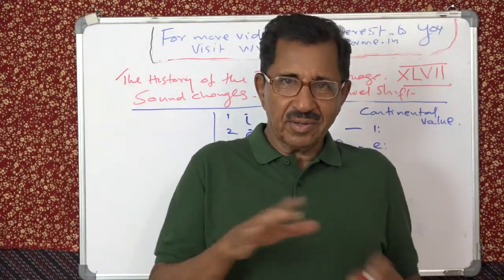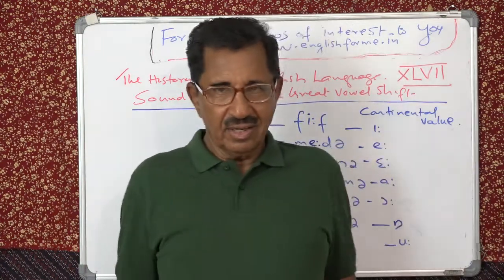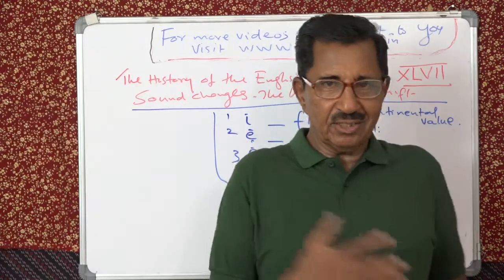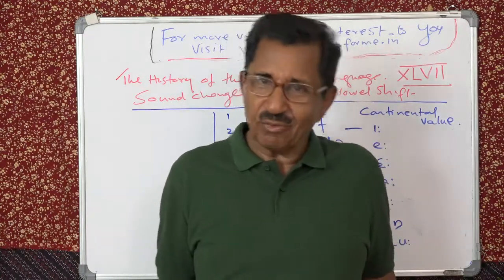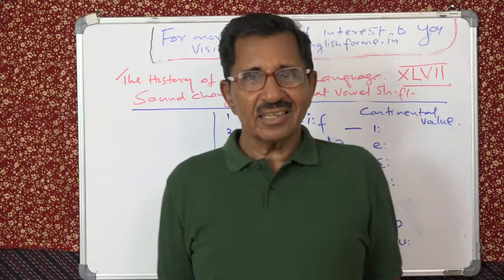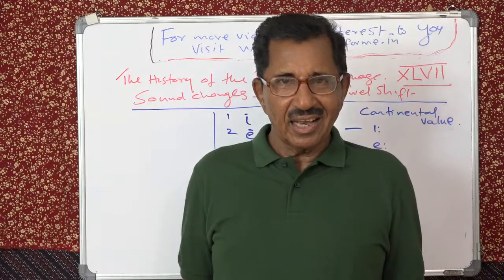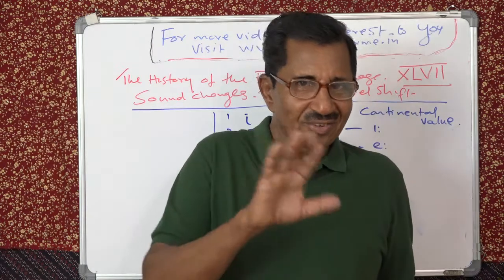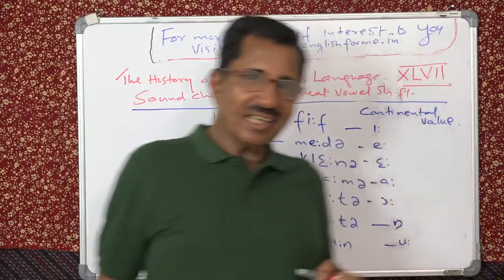All these vowels were pronounced in the same way in almost all the European languages. What happened to English? When English passed from Middle English to Modern English, great changes took place in these great vowels. Great vowels means long vowels. How do you call this change? This change is called the great vowel shift. I have not shown you the change so far. I am just getting ready with the background.